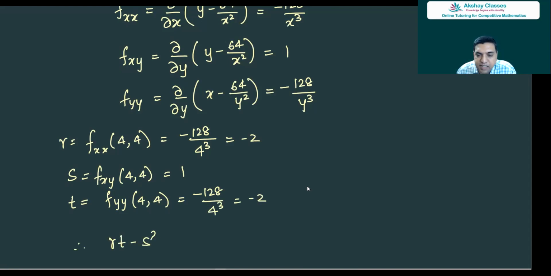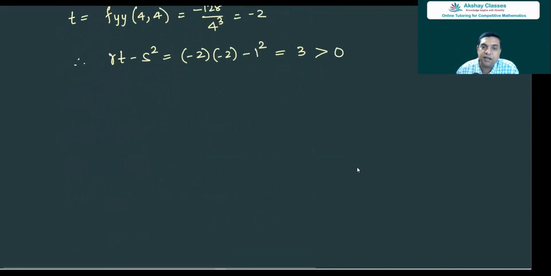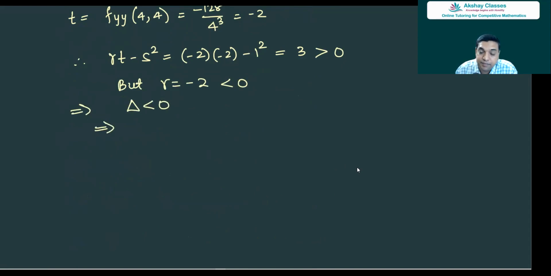Therefore, rt minus s square is 3, greater than 0. But r equal to minus 2, less than 0, which implies delta will also be less than 0, which implies... I'm sorry, I made a mistake.